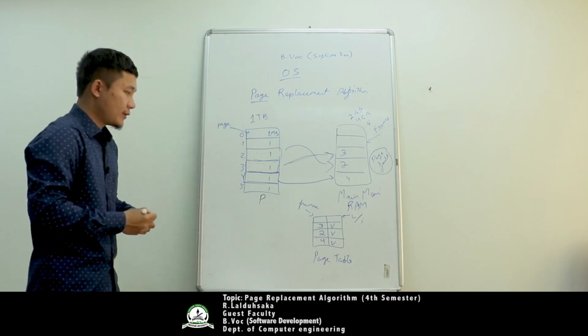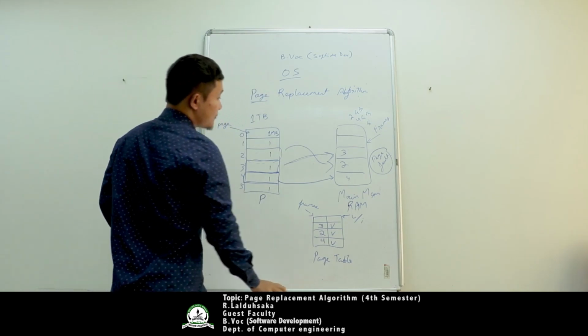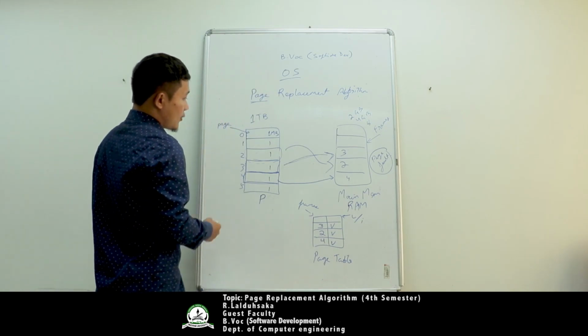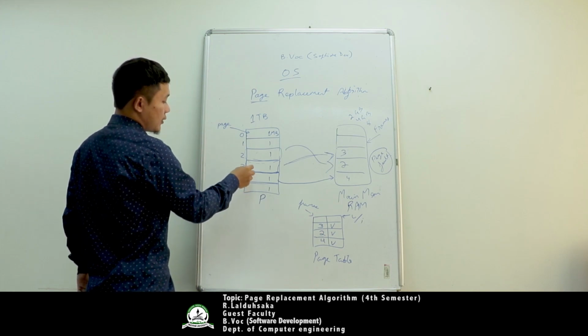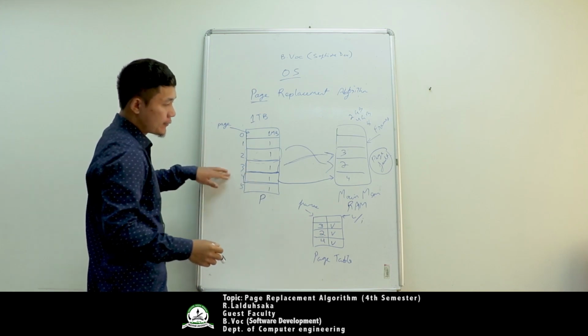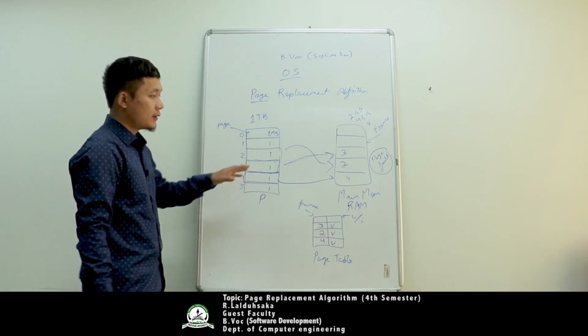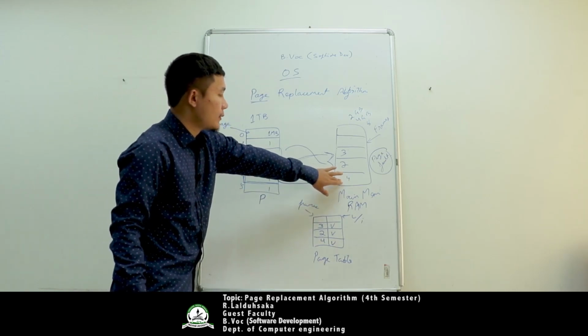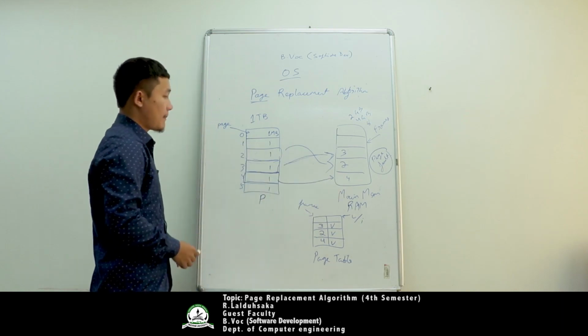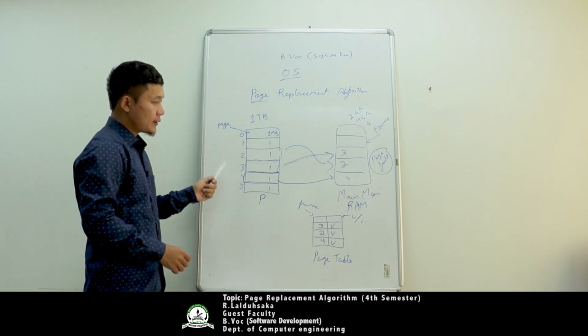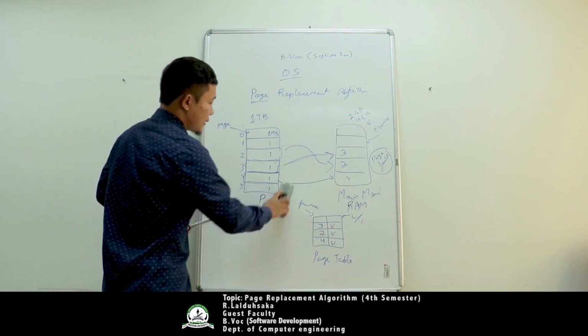That is how the page table is filled. Whenever we request a page from the main memory and that page is not in the memory, that is called a page fault.